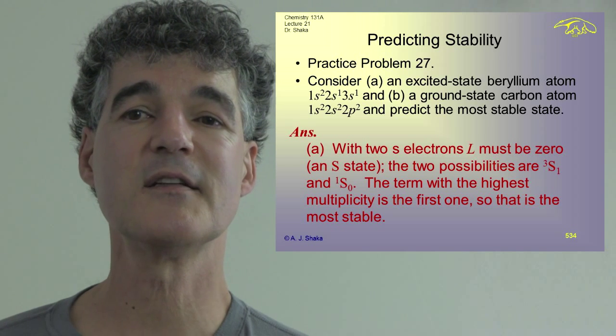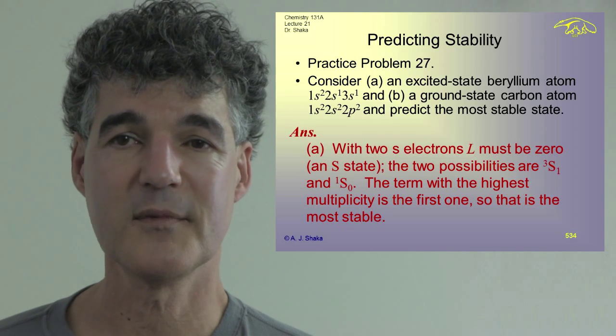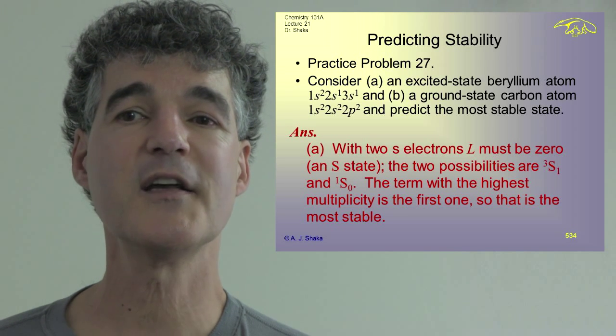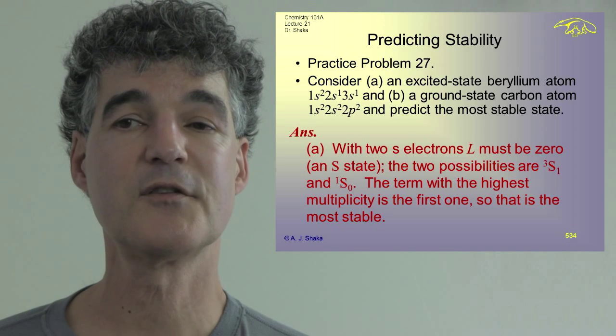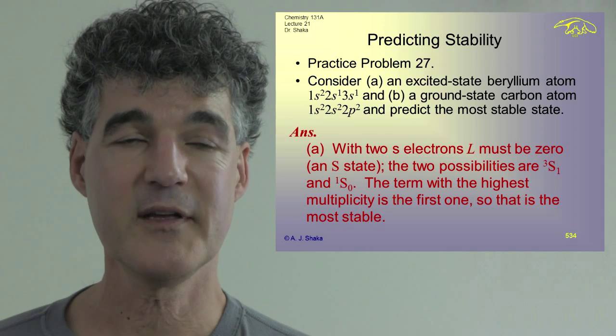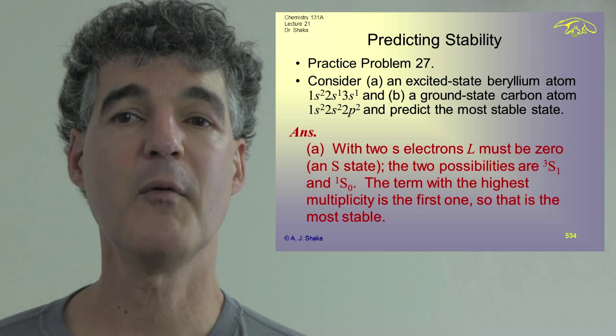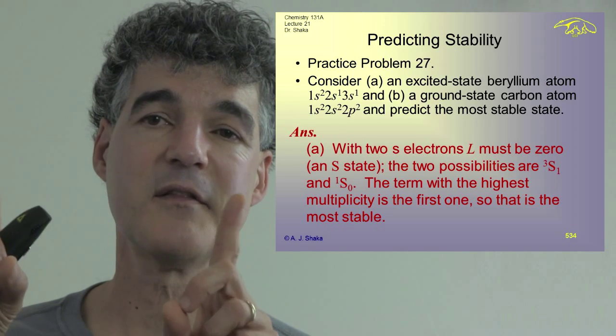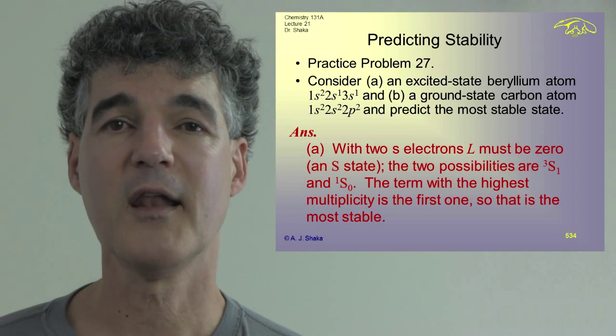And then there's the singlet state, singlet S0. The term with the highest multiplicity is the triplet term, triplet S1, and so that one is the most stable. That's what we predict with beryllium, and that physically means that the electrons are aligned.